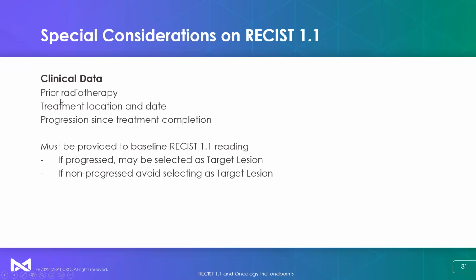If any prior irradiated lesions have progressed since the treatment is over, then the reader may classify that as a target lesion if they want to. If those treated lesions have not progressed, they should not be selected as a target lesion at the baseline. So this information should be provided to the reader so that they can accurately select the correct target lesion, so that the response can be derived properly and not be affected by any prior therapies.